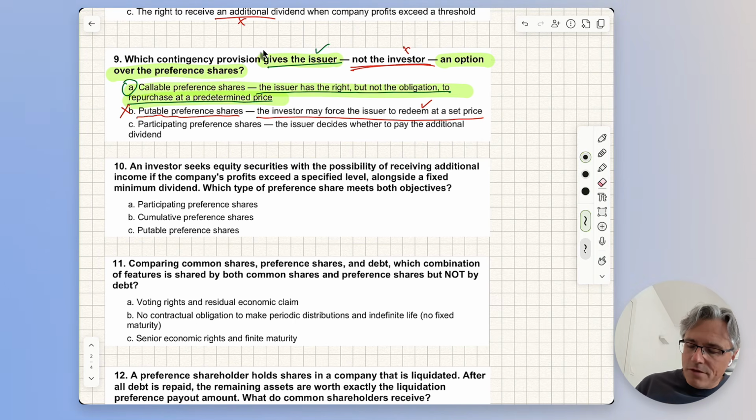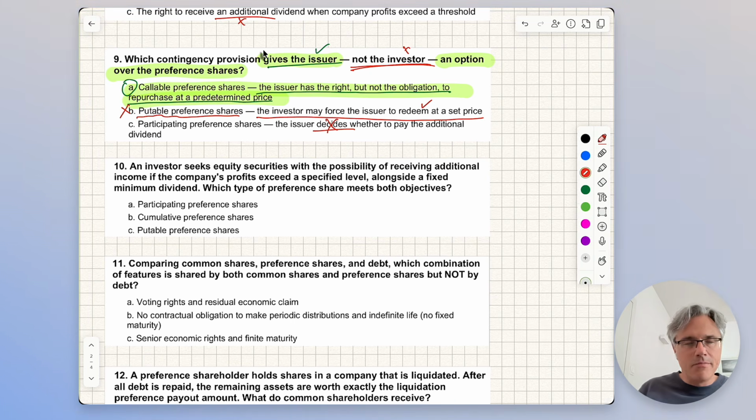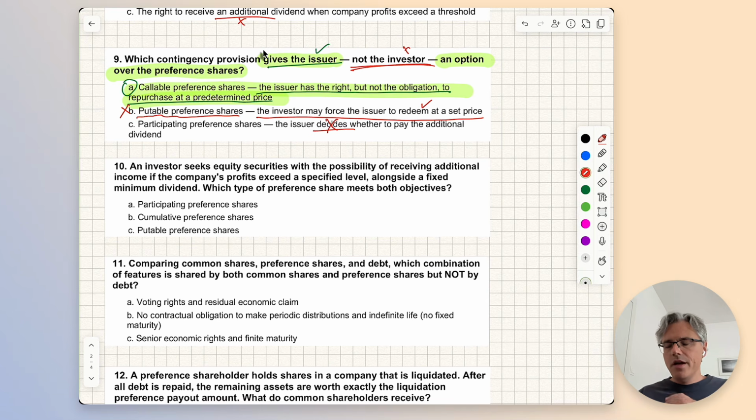But it's not the issuer who decides whether to pay this extra dividend. If it was up to them, it wouldn't necessarily be a true participating preference share. So this is wrong, and in any case, it gives the investor extra rights. So this is the wrong answer.